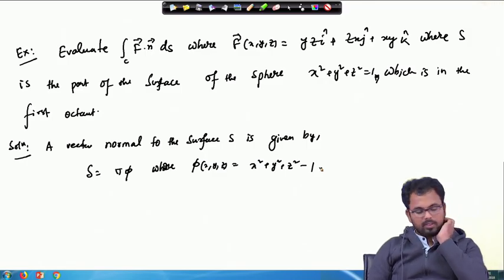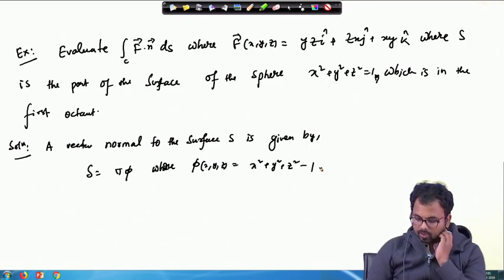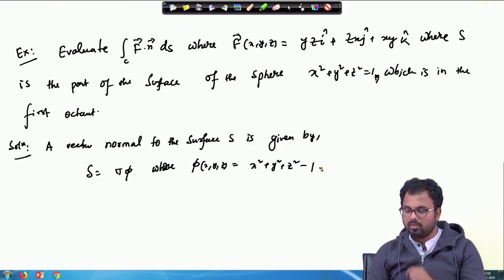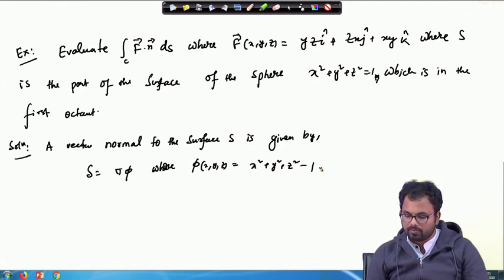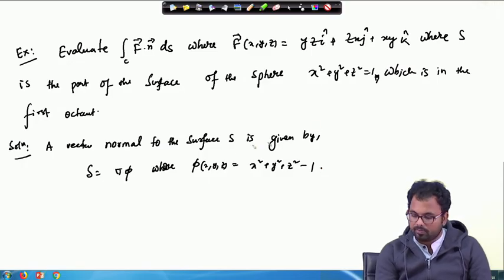So, this is the required equation of the surface, or basically phi equals x square plus y square plus z square minus 1.